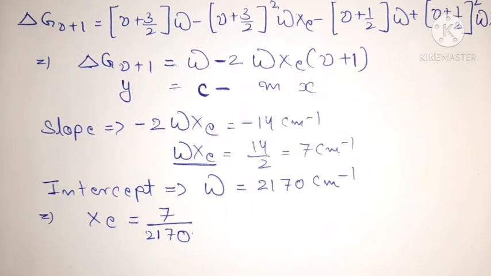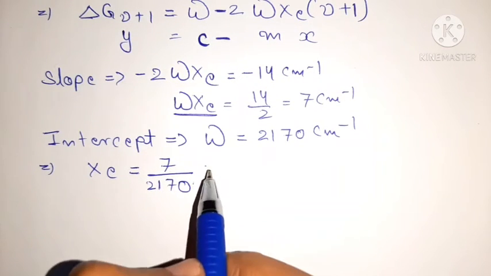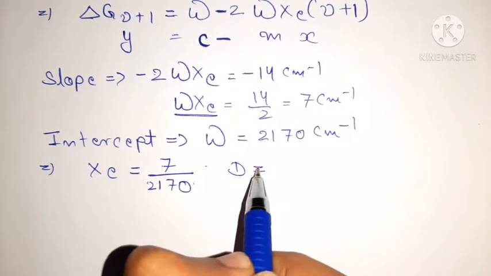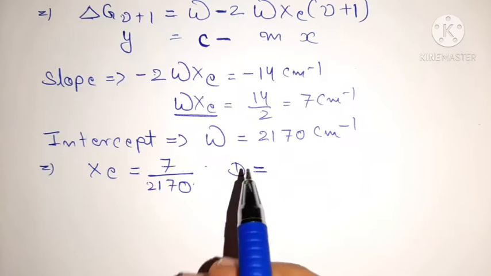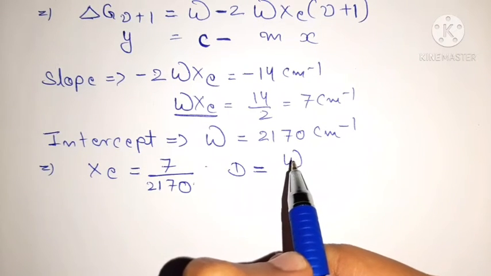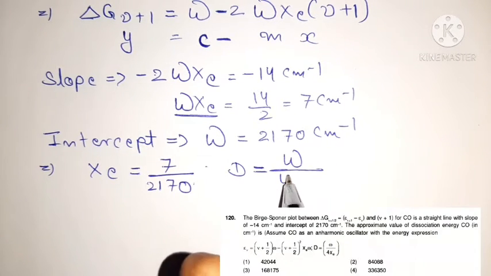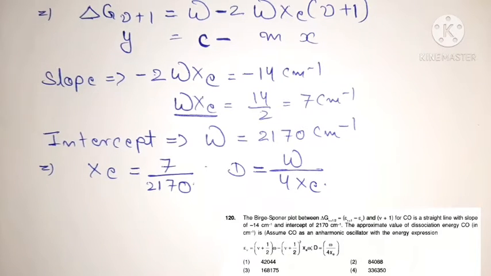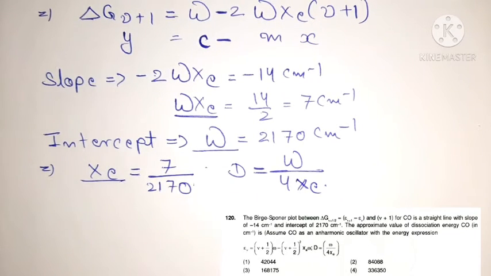Understand? Now in this question we have a formula of dissociation energy, that is omega by 4xe. So place the values of omega and xe in this equation. The value of omega is 2170 and the value of xe is 7/2170.